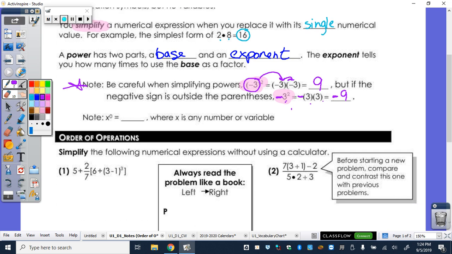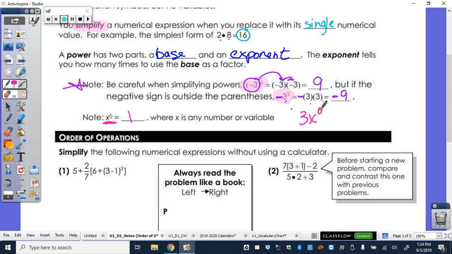And then my other note here, anything to the 0 power equals a what? 1. Anything to the 0 power is a 1. Everything to the 0 power is a 1. Again, the other thing to be careful of though, for example, I have 3x to the 0. What is the exponent attached to?